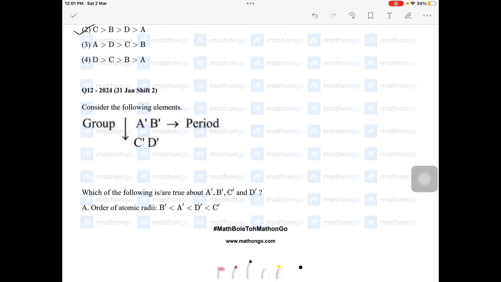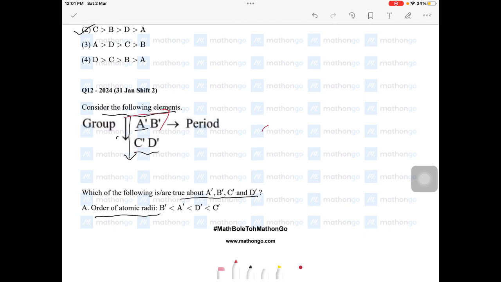Now 12th question. Consider the following elements A, B, C, D across the period and down the group. Which of the following is true about A, B, C, D? Order of atomic radii: down the group atomic radii increases, across the period it decreases.